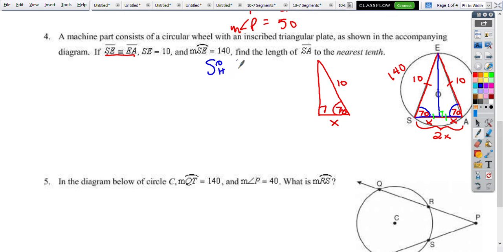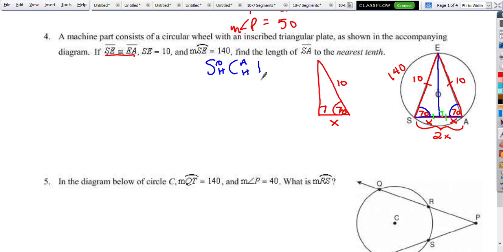SOHCAHTOA. We're going to choose the CAH part because we have adjacent and hypotenuse. So the cosine of my angle is equal to the adjacent over the hypotenuse. I cross multiply.